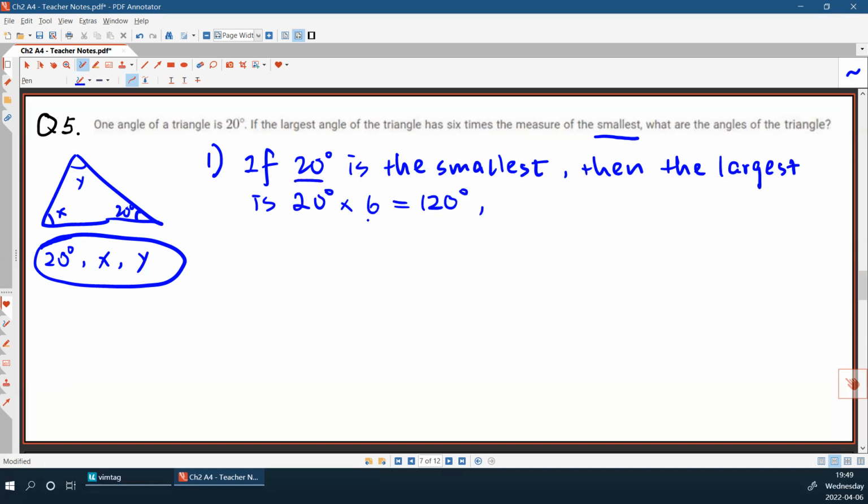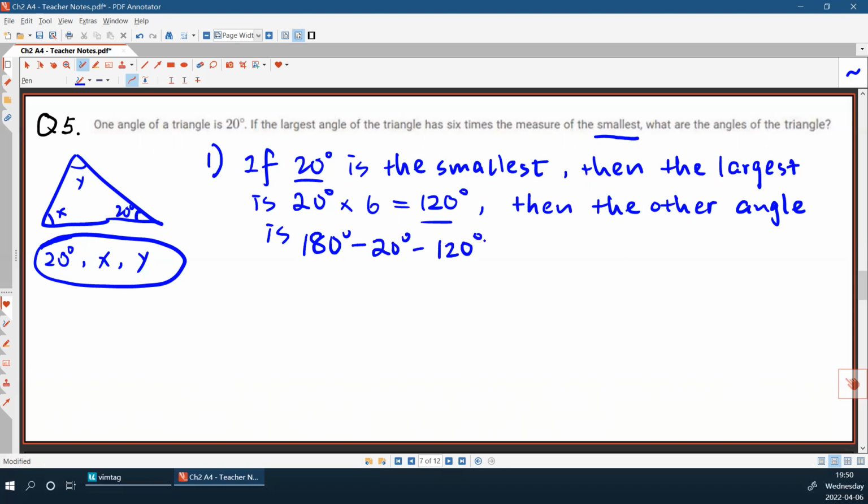And we know one angle is 20 degrees, second angle is 120 degrees, then the third angle is 180 degrees minus 20 degrees minus 120 degrees, which is 40 degrees, right? Then you need to check whether this assumption is possible. So in this case, 20 degrees, 120 degrees, and 40 degrees, the smallest angle is indeed 20 degrees, right? So this is possible. First case is possible.